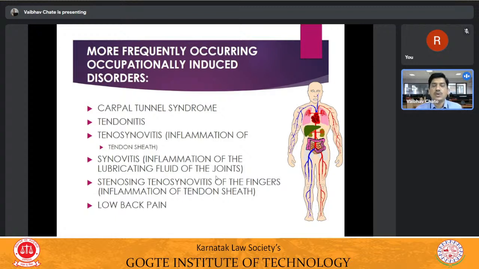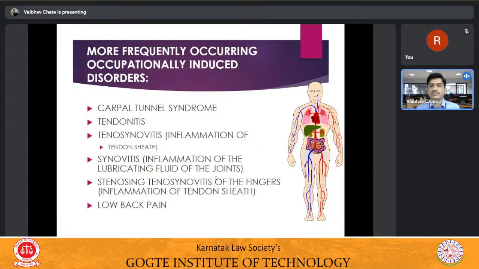What are the frequently occurring occupationally induced disorders? It might be lower back pain. If the chair is not of good quality, or if it is not designed in an ergonomic manner, we may have lower back pain. Or our posture may not be good.